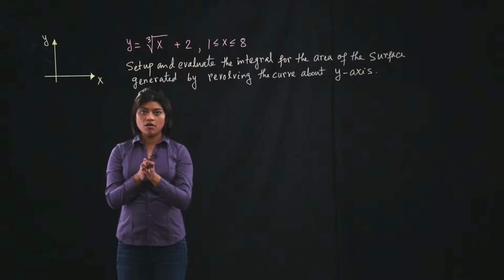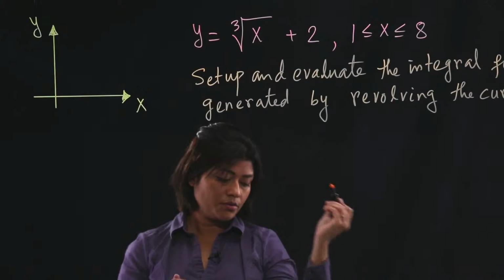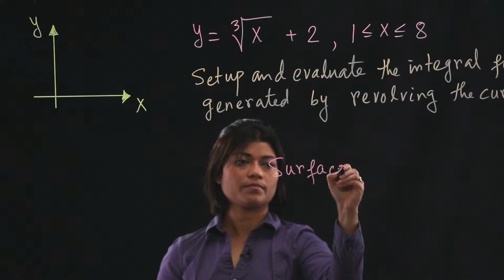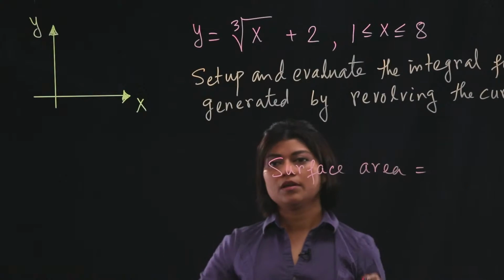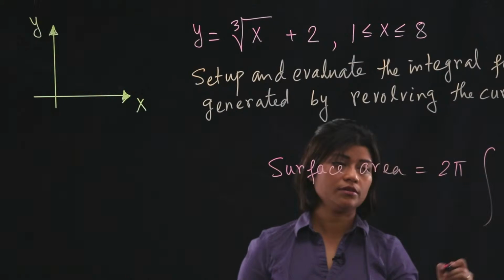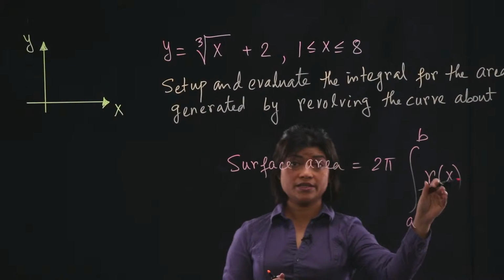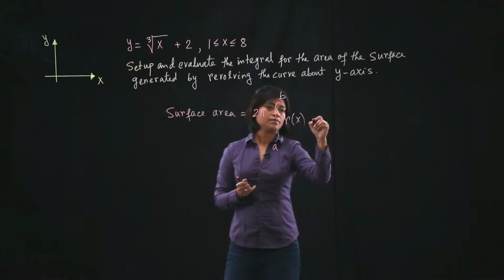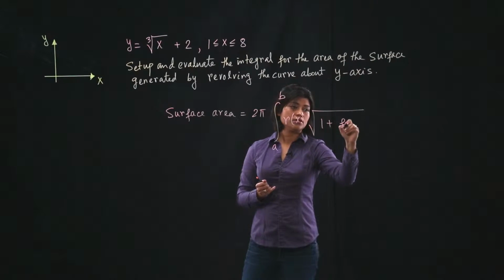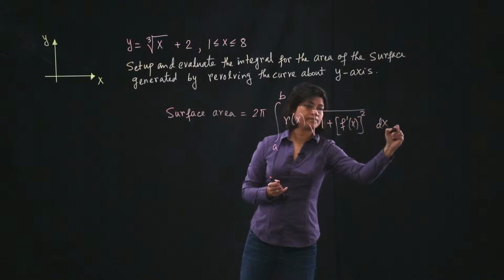So let us recall first how to get the area of the surface. Recall, surface area is given by 2 pi integral from a to b of r of x, and I'll tell you what this r of x is, times square root of 1 plus the derivative of the function squared, dx.